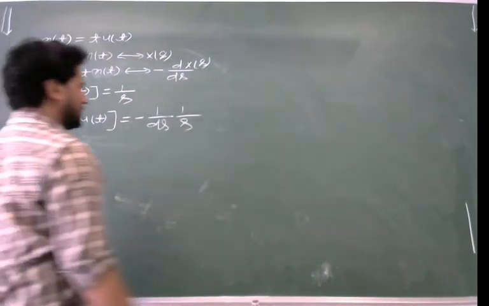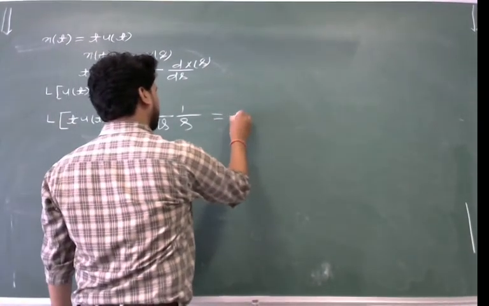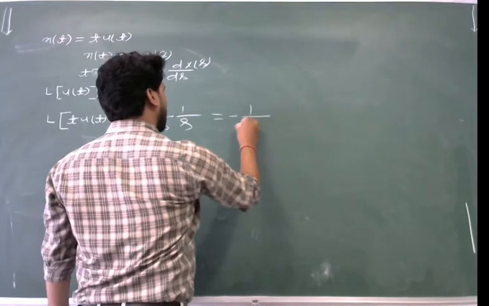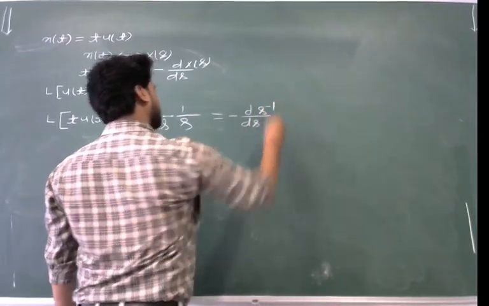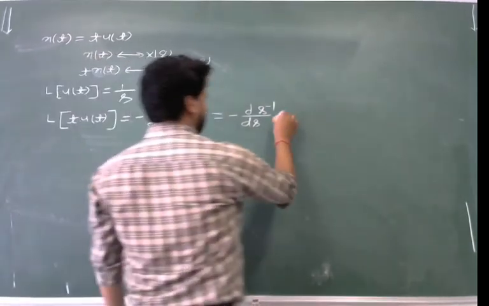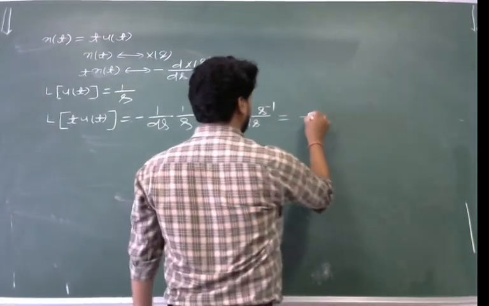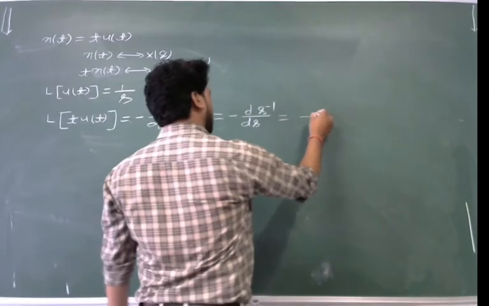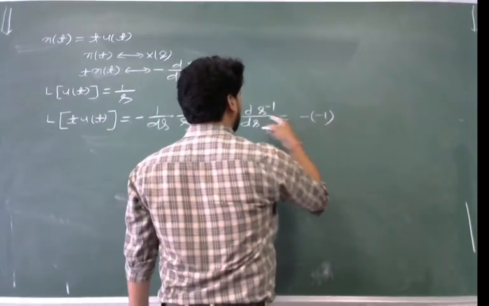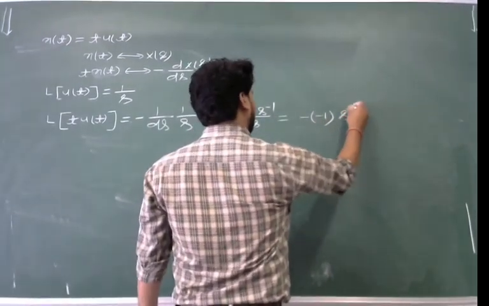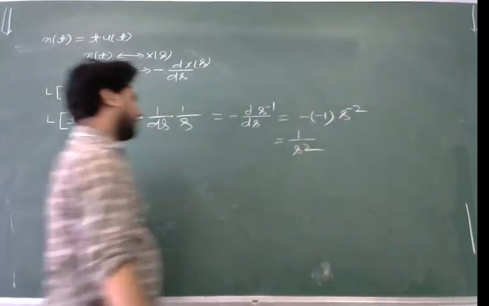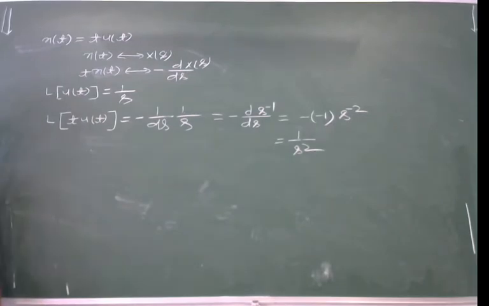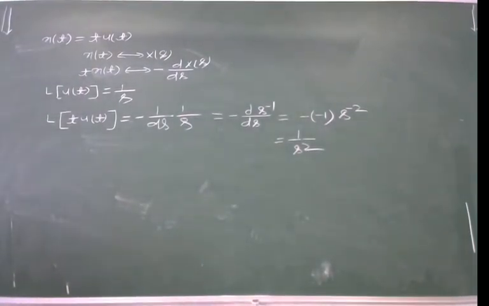Or we can say that this is the differentiation of s power minus 1. So this will become minus 1 into minus 1 into s power minus 2, which is 1 by s square. This is called differentiation in s domain property of the Laplace transform.